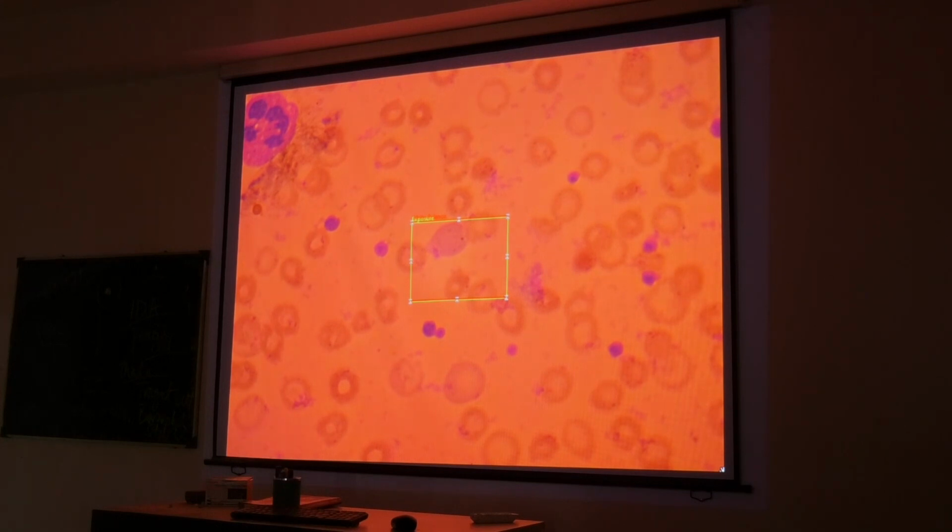But the size is usually larger than the RBC and polychromatic cluster is present. So these are the reticulocytes.